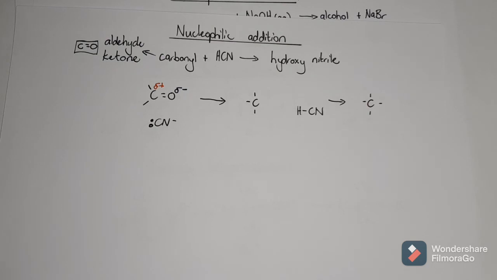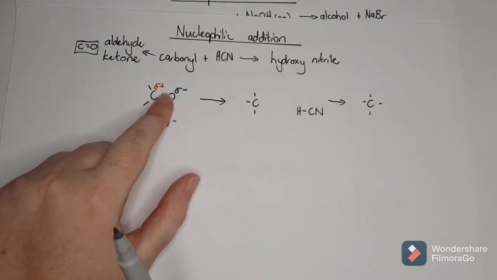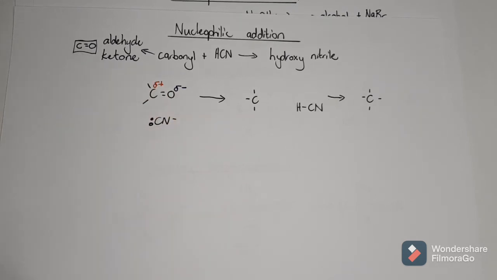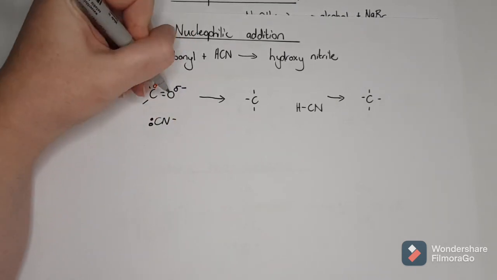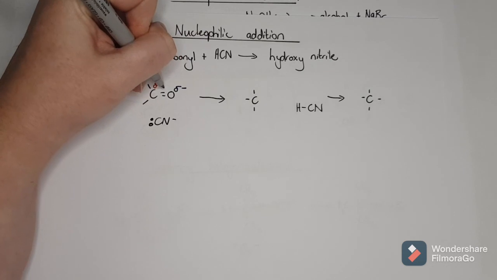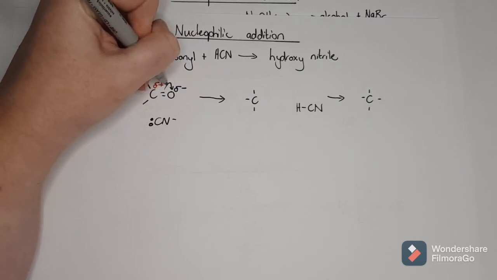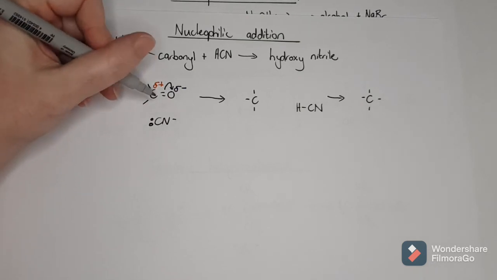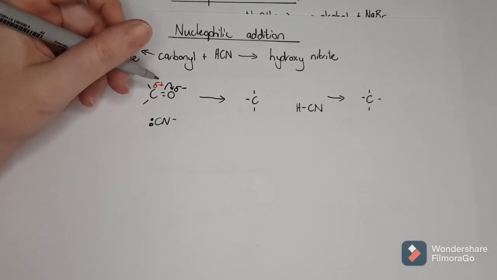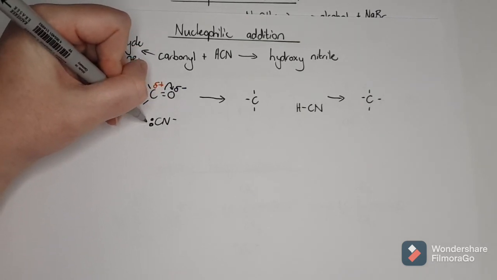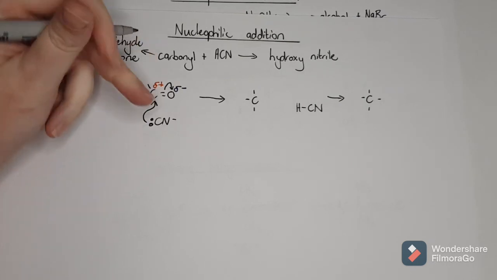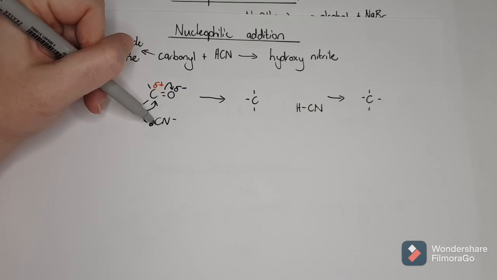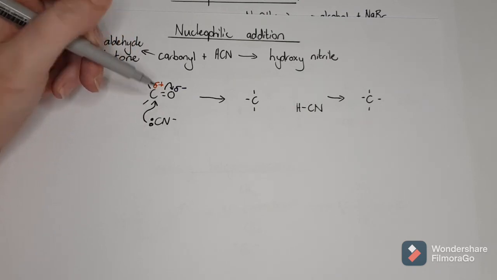So what's going to happen is between our positive and our negative, we're going to draw an arrow from our double bond to our oxygen, because the oxygen is going to take the electrons. And then because our carbon is left positive, the cyanide is going to give the electrons to that positive carbon. So we're going to draw an arrow from the cyanide to the carbon.